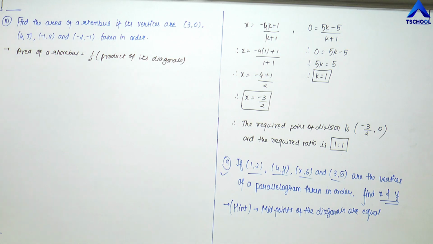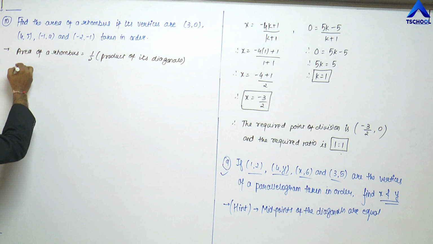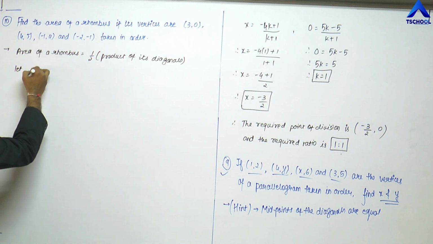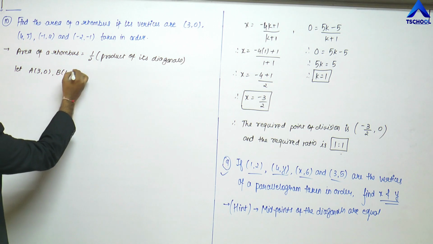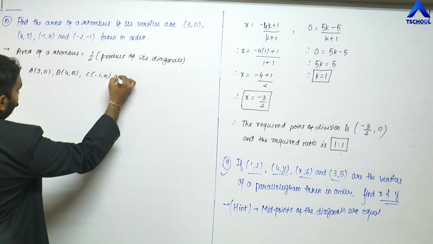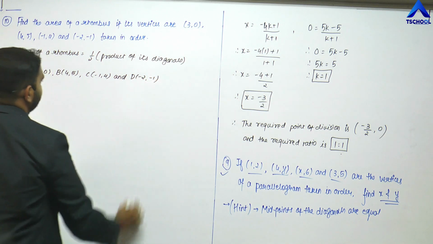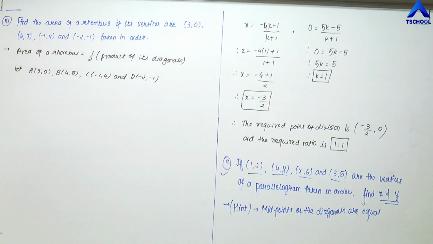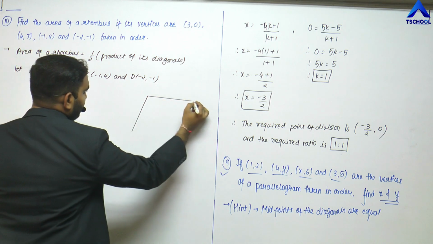So this is the area of a rhombus, that is half into product of its diagonals. Now first of all we need to find out the diagonals here. So let A be 3, 0, B 4, 5, C -1, 4, and D -2, -1. If I drew a rhombus here, then it would be somewhat like this.